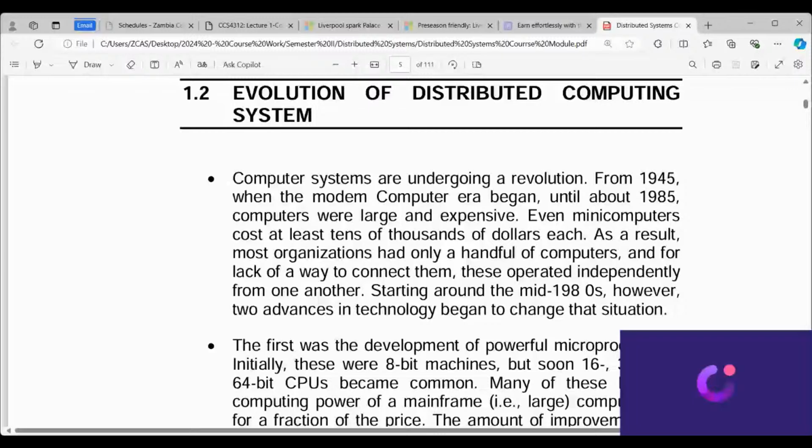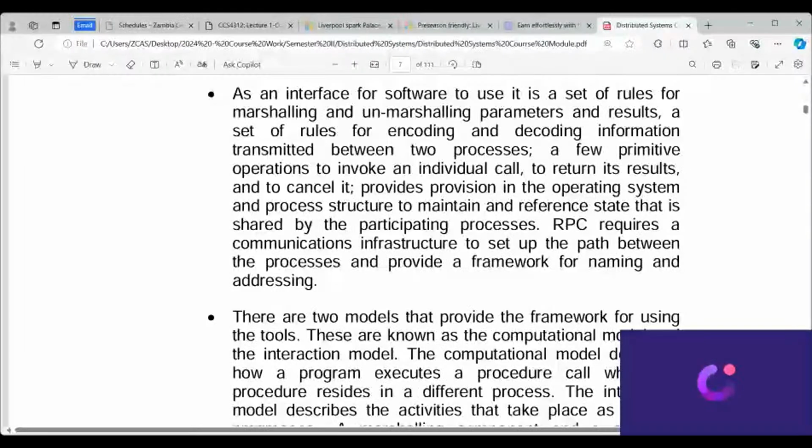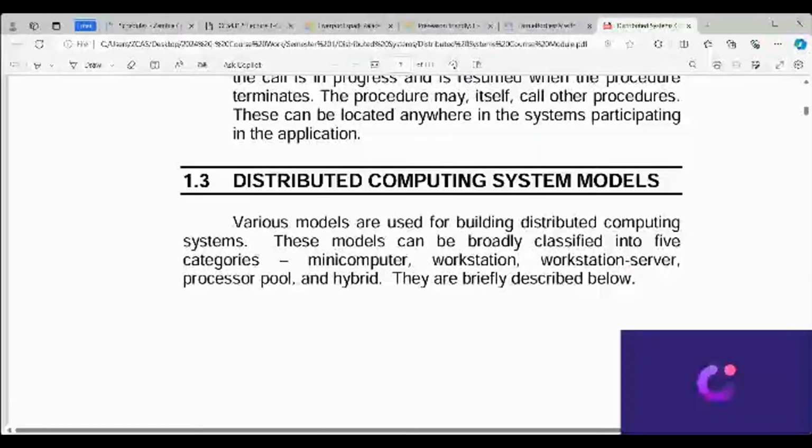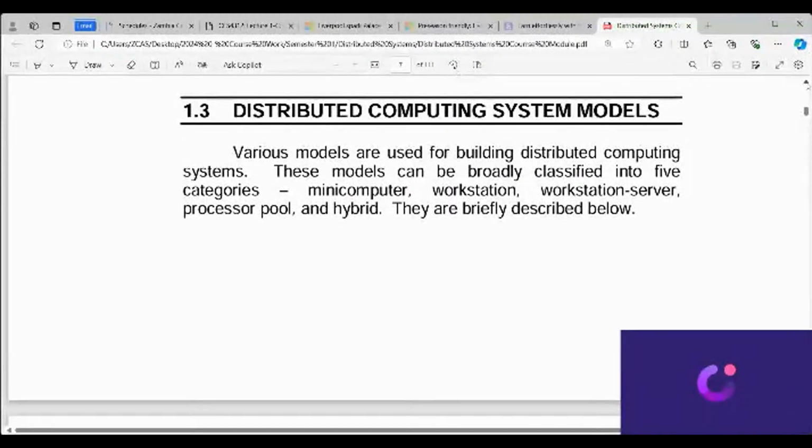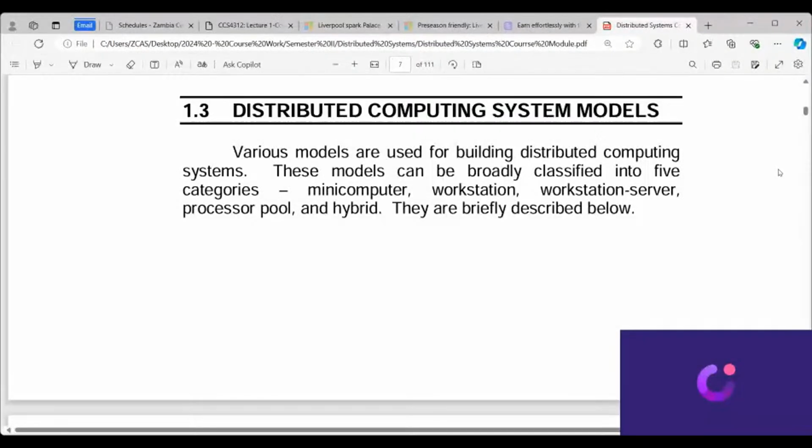We discussed quite a lot in that regard. So today we'll look at what we are calling distributed computing system models. This is what we are going to look at.